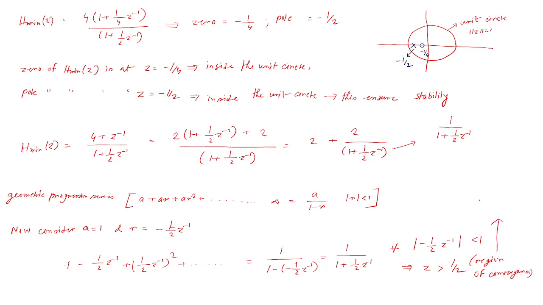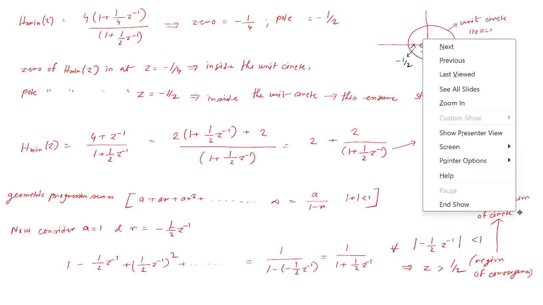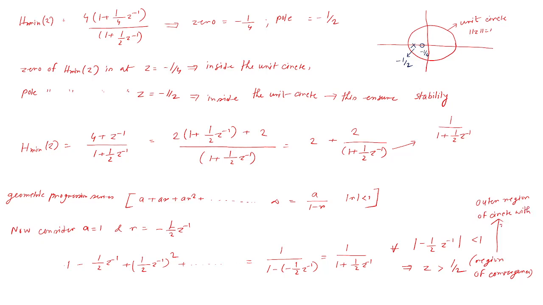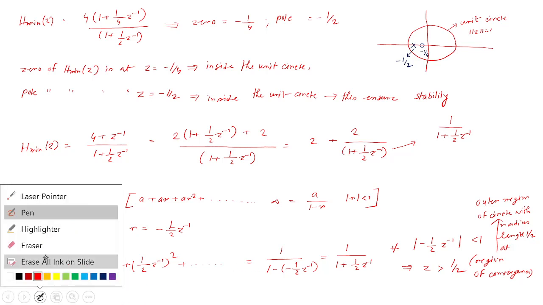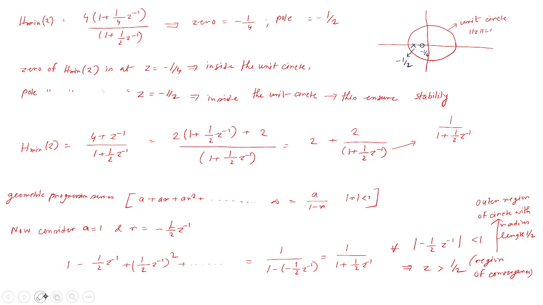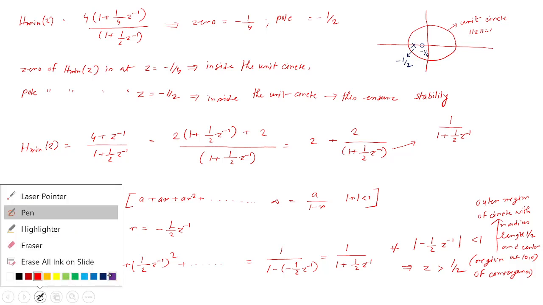This is nothing but the outer region of a circle with radius half and center at 0, and this corresponds to basically this one only.